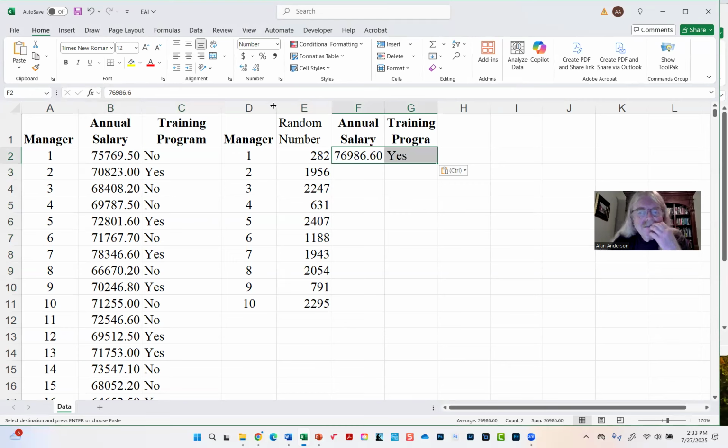I don't know if there's any way to speed this up, but at least it illustrates what we're trying to do here. If you have the time, you could go through and pick all 10 of these, and then you would have your sample. And then you could calculate the sample mean, the sample variance, the sample standard deviation, the sample proportion.